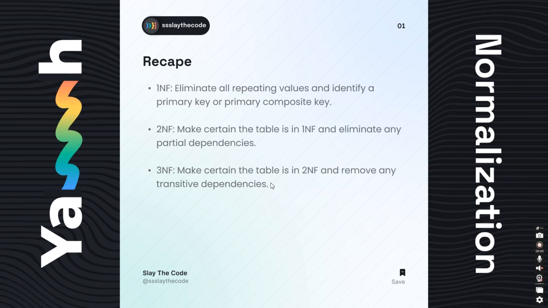But as this series is just for beginners, if you want to see how BCNF or further normal forms work, please let me know in the comment section, and I will make a separate video for further normal forms of the database.